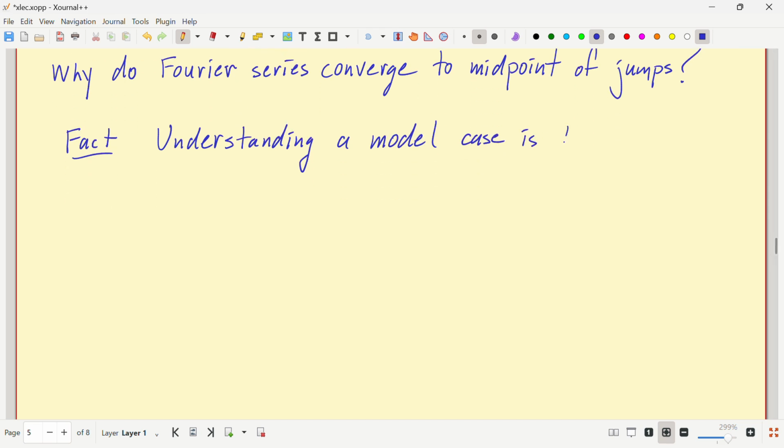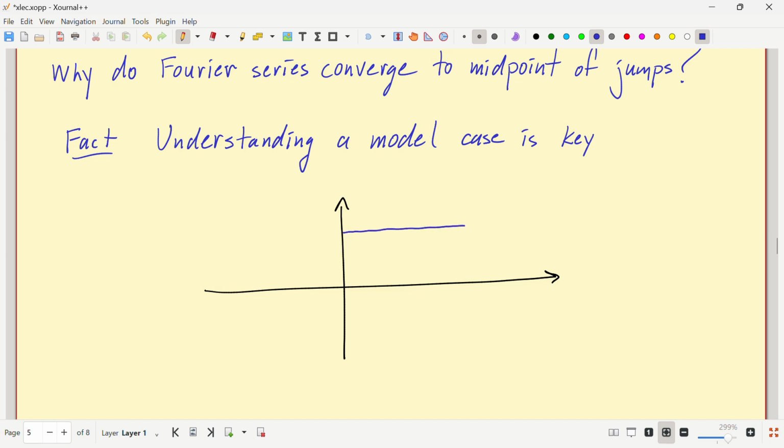So the model case I'm going to understand is the very simple jump. We've seen it. I've been graphing it and playing around with it. It's going to be +1 to the right and -1 to the left. And let's see, this is minus pi, and this is plus pi. That's an odd function.